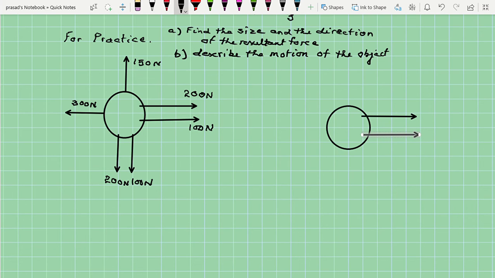One force is 500 Newton, other force is 400 Newton, and one force is acting towards the left, and that is of 700 Newton.